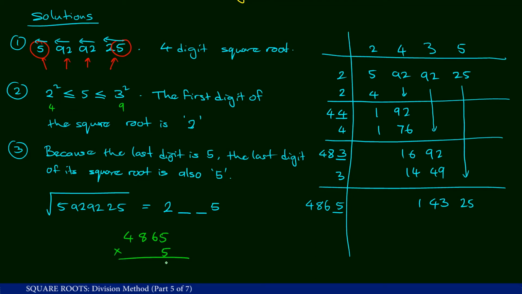So 5 times 5 is 25. 6 times 5 is 30. Plus 2 becomes 32. 8 times 5 is 40. Plus 3 becomes 43. 4 times 5 is 20. Plus 4 is 24. Does it match?